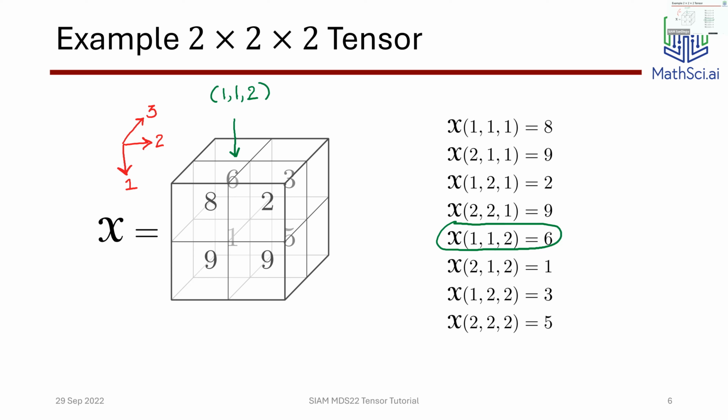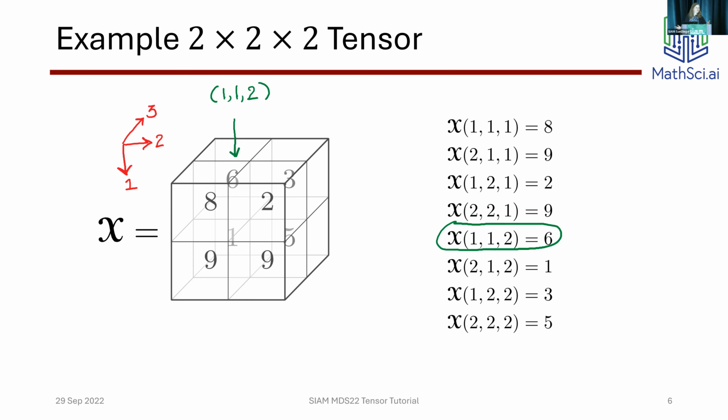And for 4 indexes, I didn't ask text to image to draw that one for me, but you can use your imagination. So in this little example here, the element 6, its position is 1 down, 1 left and right, and 2 back. So that's the 1, 1, 2 element.